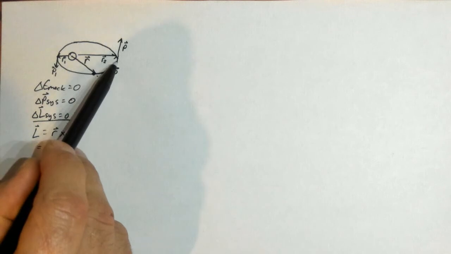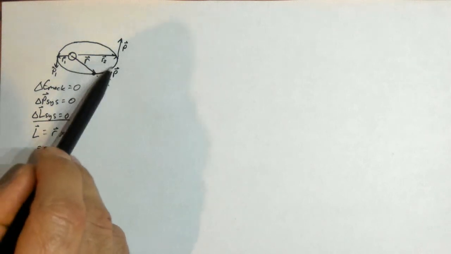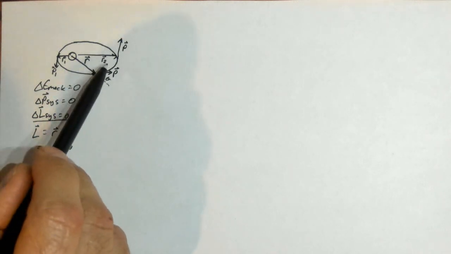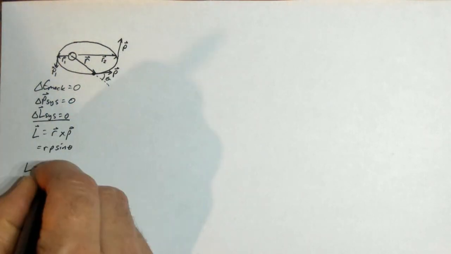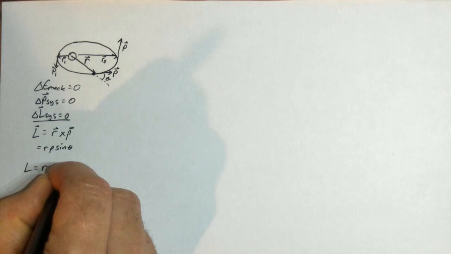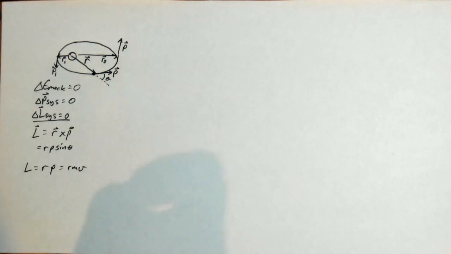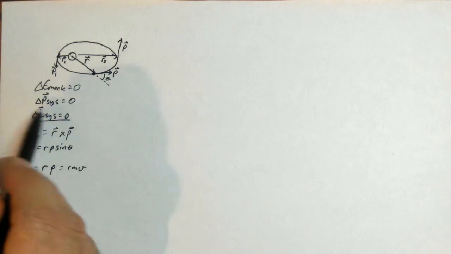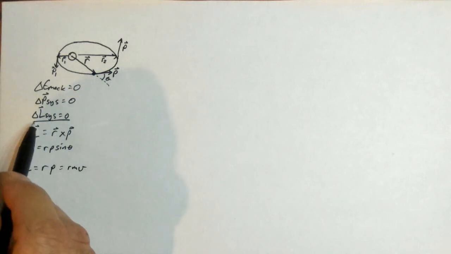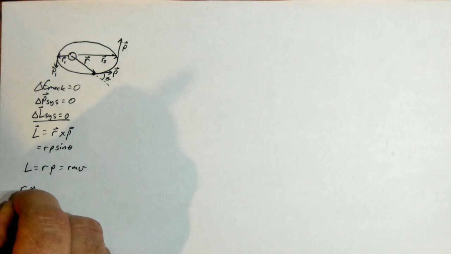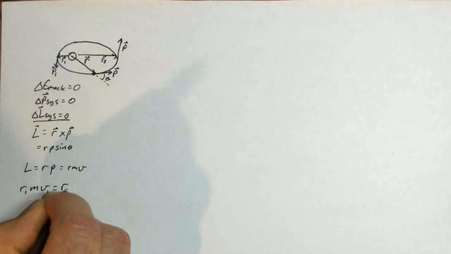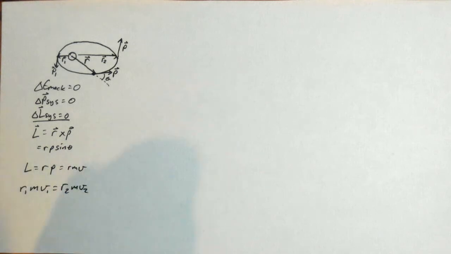So our r vector is perpendicular to the trajectory, and that means our angular momentum is rp, or rmv. If it's conserved, that means R1 m v1 equals R2 m v2.